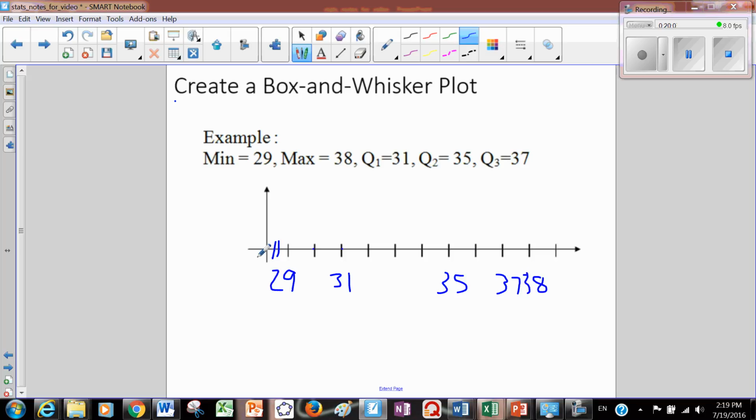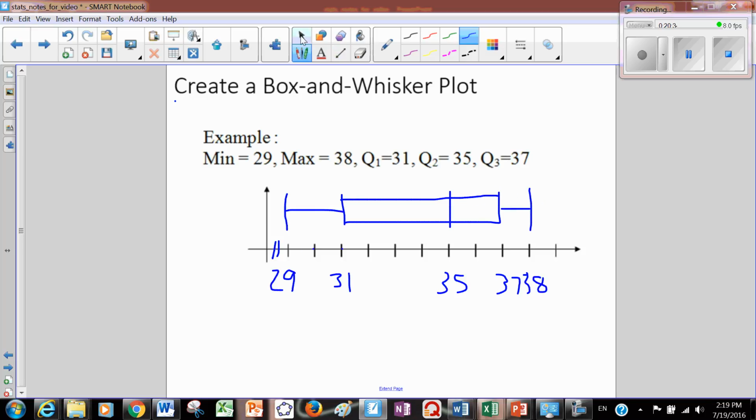You can just put the first one to show us where you start, and the next one, or two next, so we know what your scale is. So your minimum, you're going to show it like this, and your maximum as well. After, you're going to draw your Q1, Q2, Q3, and you're going to make a box in the middle, and then put lines on the two sides.